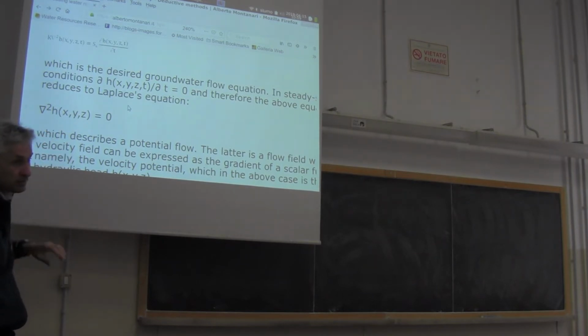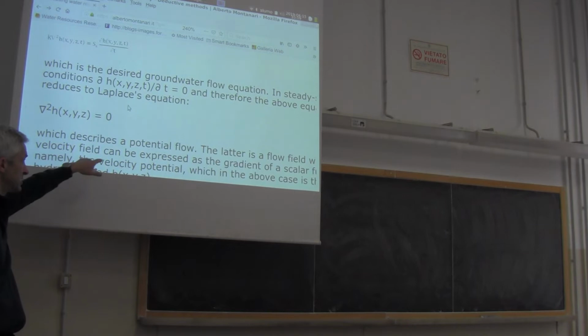It's the hydraulic head. In a potential flow, we can describe the velocity by taking the partial derivative of the potential, and the potential in this case is our hydraulic head. You see here, the velocity field can be expressed as the gradient of a scalar, namely the velocity potential.